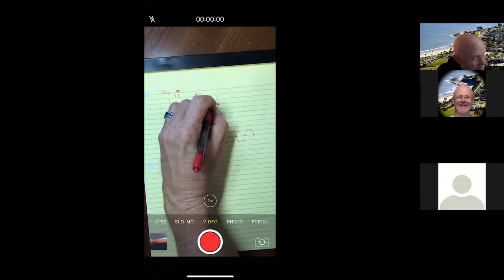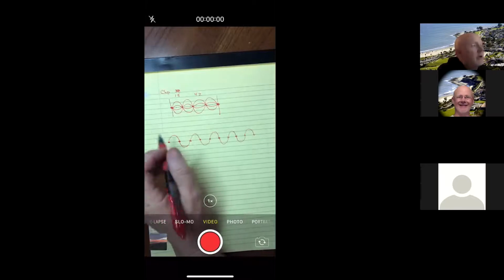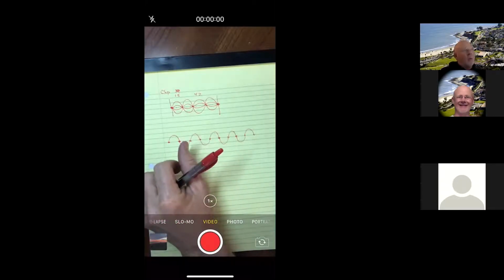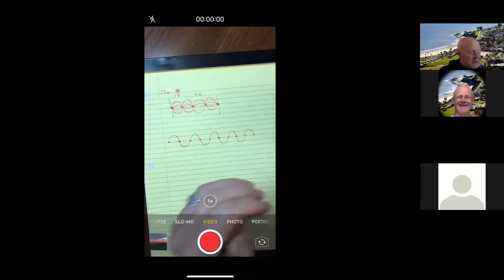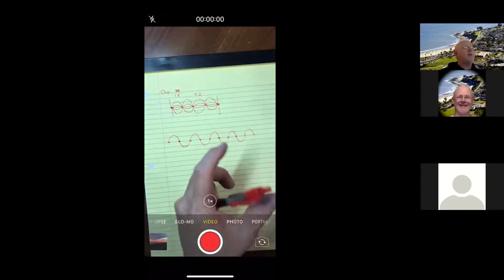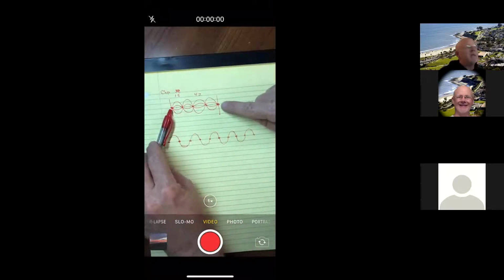Maybe I better stop drawing, because with four different moments in time that can get confusing. But that's often the way we draw it, four different moments in time. In this case, since it's the fourth harmonic, there would be four humps, and since it's fixed on both ends, each end would be a node.